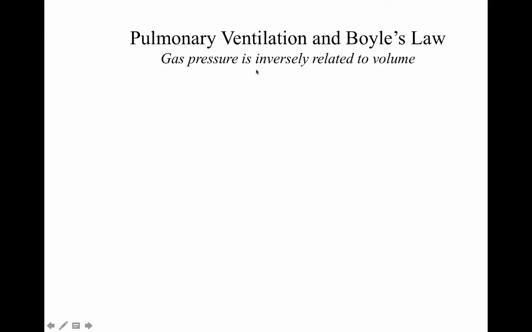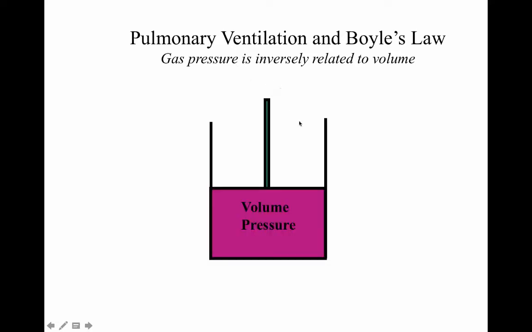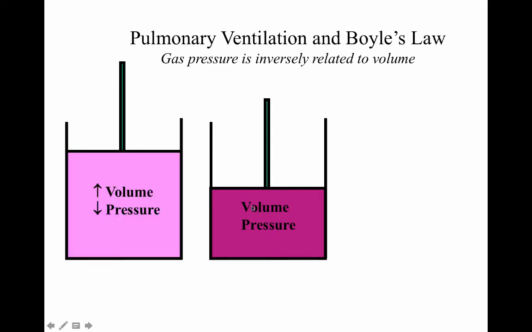Boyle's law says that gas pressure is inversely related to volume. So within the concept of pulmonary ventilation, we want to take a look at how volume is changing and how pressure relates to that. So what we see is that if we have increased volume, we have decreased pressure. Gas pressure is inversely related to volume. Pressure is going to be opposite of whatever volume does.